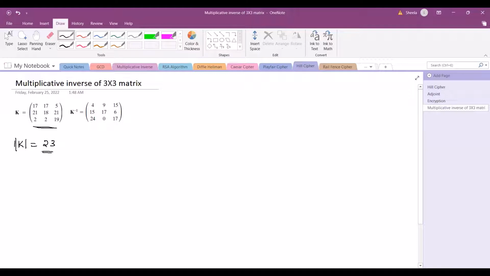For this, either I can go for the extended Euclidean algorithm, or I can multiply 23 with other numbers and take mod 26. For whichever number I get the remainder as 1, that number will be the inverse. Here I'm going to use the extended Euclidean algorithm.